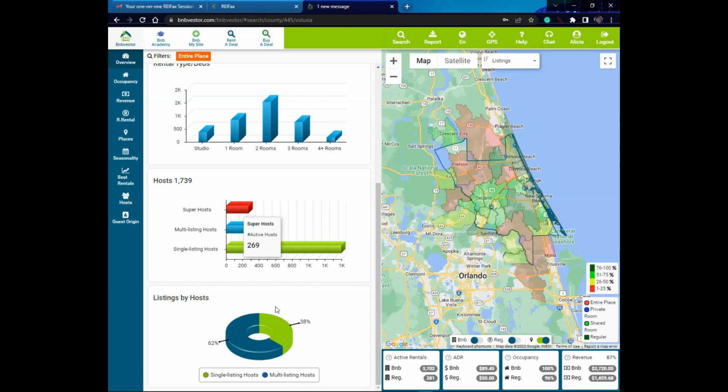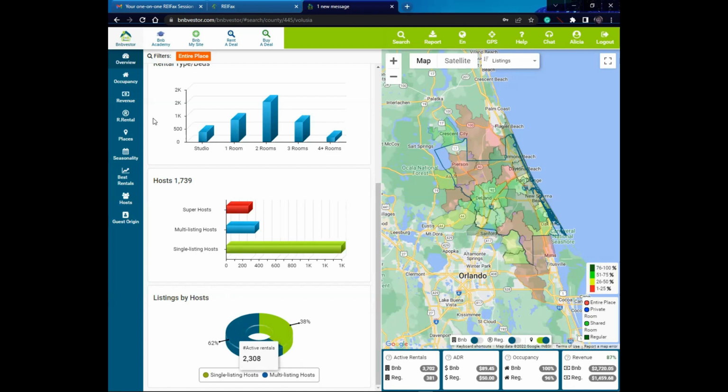If we look at this last graph, it actually comes out of this one that we just saw, that we have single listing hosts and multi-listing hosts. The amount of properties at the end being that the single listing are 38% and the multi-listing hosts are 62%.